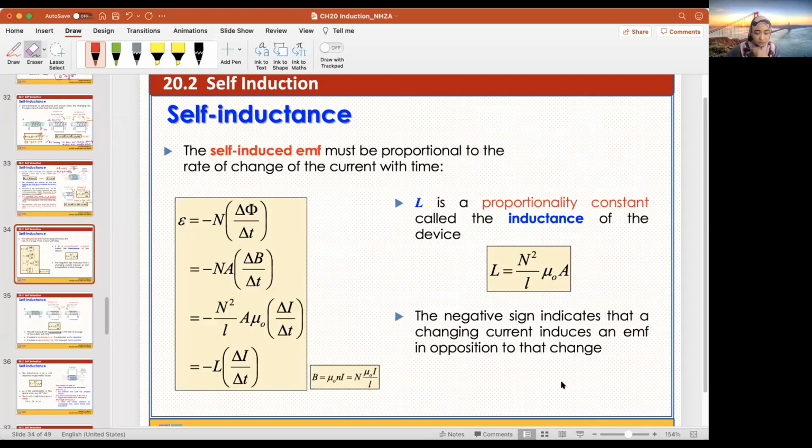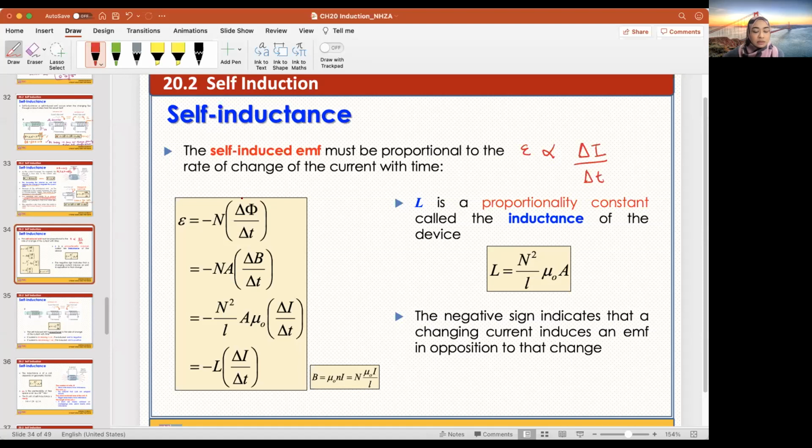Okay, so now let's look at the equation. Self-induced EMF must be proportional to the rate of change of current with time. We start with our induced EMF equation, which is N, change in magnetic flux over time.